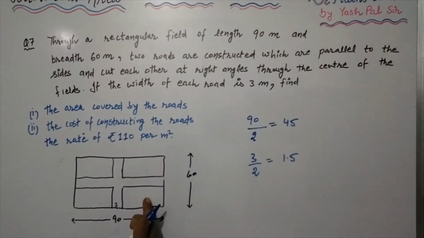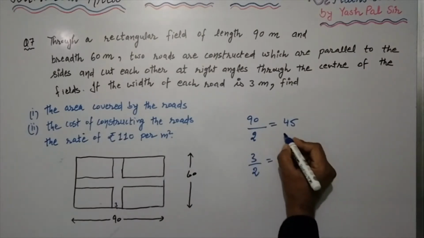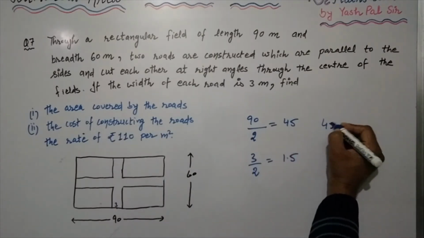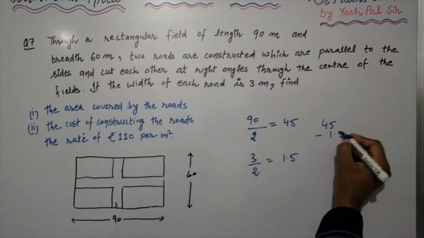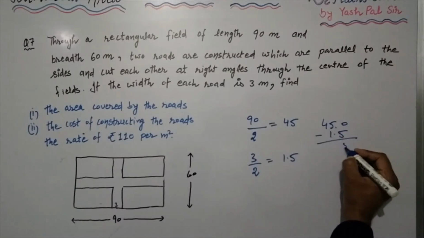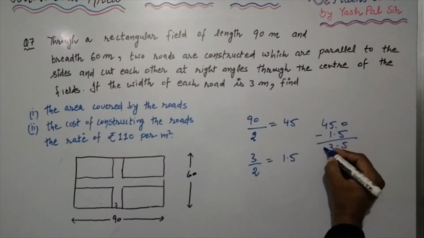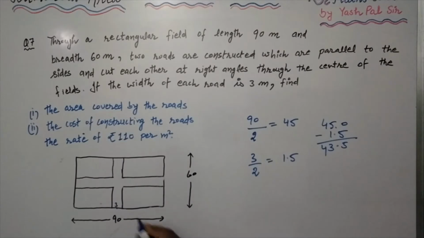So 1.5 is subtracted from 45. This is 43.5. So now this one small rectangle, its length is 43.5 meters.